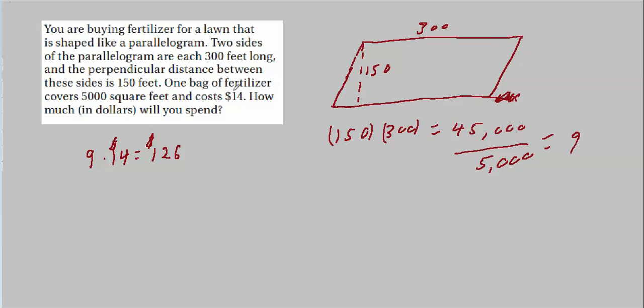If you didn't want to do that, you could take this number here, 14, divide it by 5,000 square feet. That will give you your price per square foot. Multiply that by 45,000, and you will get the same answer.